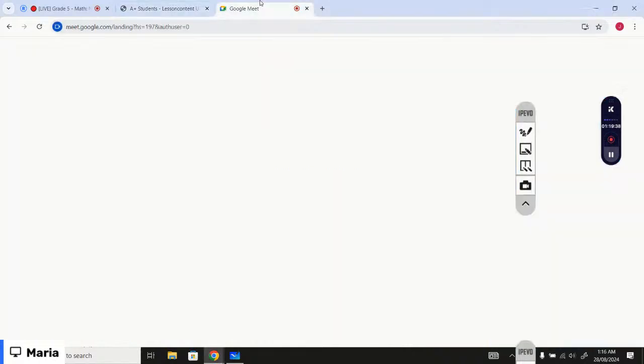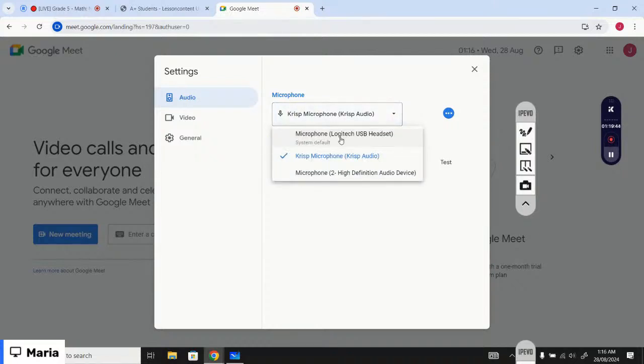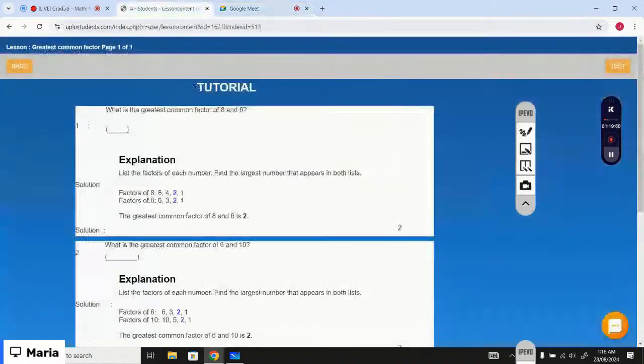Okay, what is the greatest common factor of 8 and 6? You need to find the greatest common factor of 8 and 6, right?